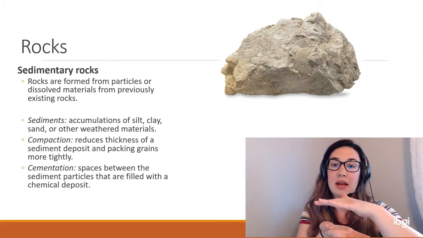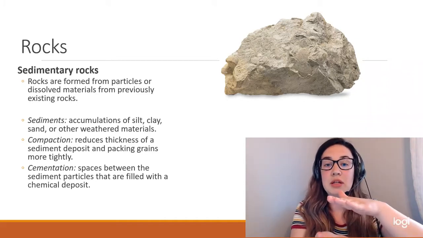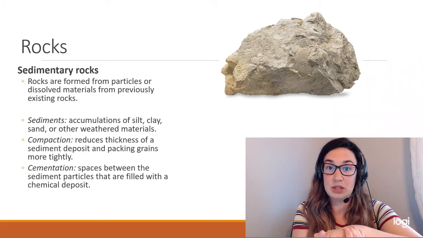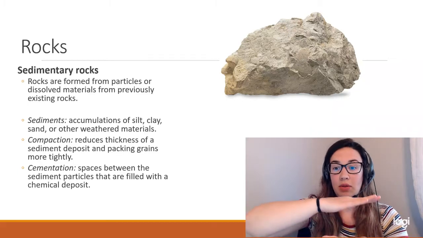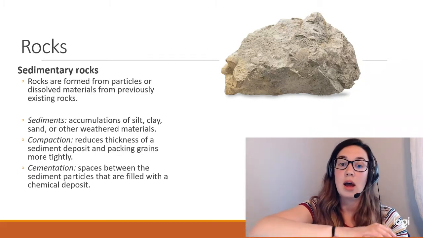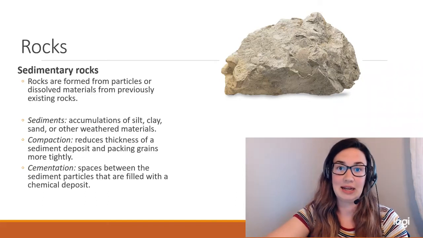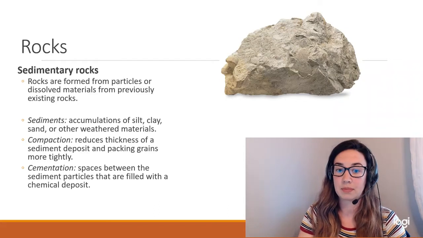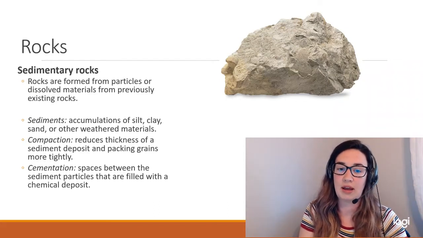You have a thick amount of sediment here, but it's the reducing of the thickness of sediment or sedimentary deposit through the packing of grains more tightly. The pressure is pushing down on that sediment and compacting it very, very tightly and leaving no space between any sort of grains that you might have.